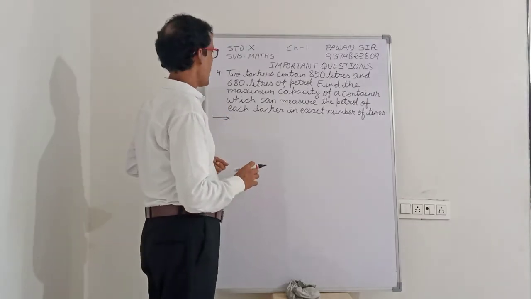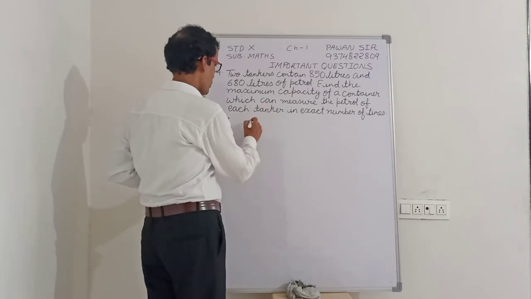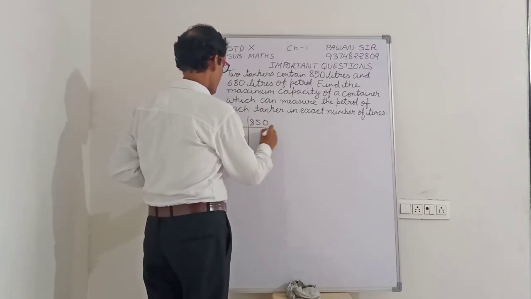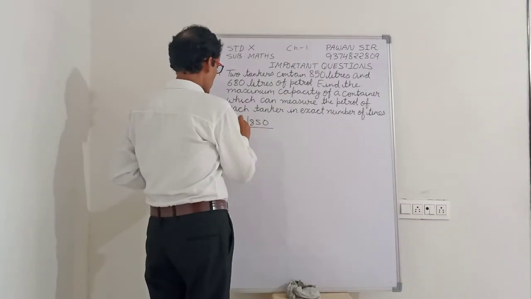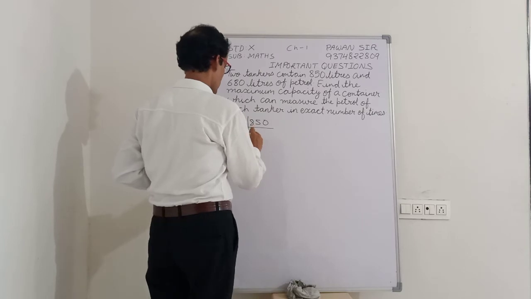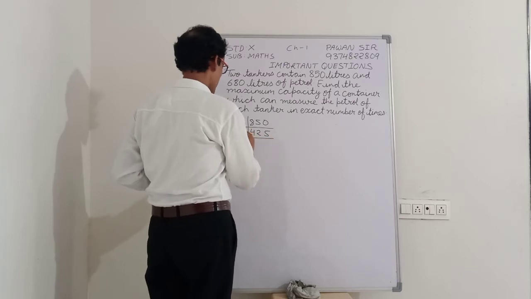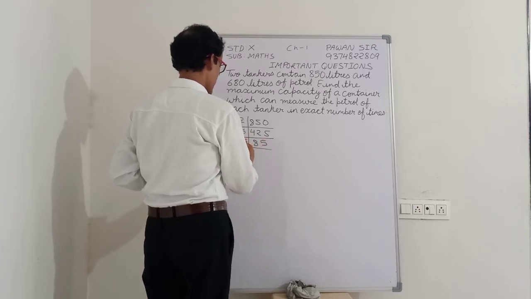So see in this, here we have to find the HCF of 850 and 680. So first we have to do the factorization of 850. As it is an even number, it can be divided by 2. Here it is 5, so it can be divided by 5. Again it is 5, so it can be divided by 5.